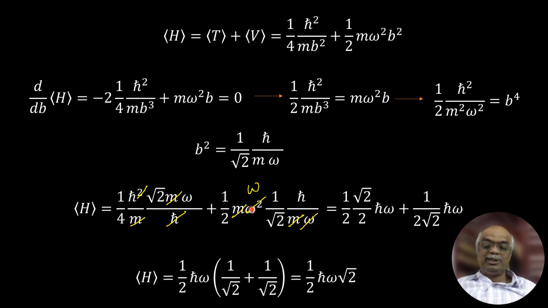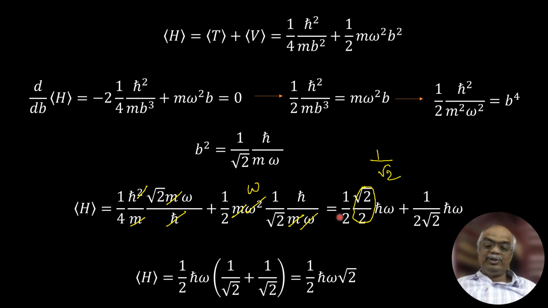Then what about this? Here you have half, 1 over 2 divided by this square root of 2. 1 over 2 square root of 2 here, remember. Then you have h cross omega in the numerator. Now what is the value of this one? It is nothing but 1 over square root of 2.